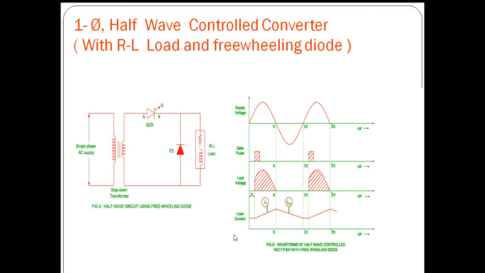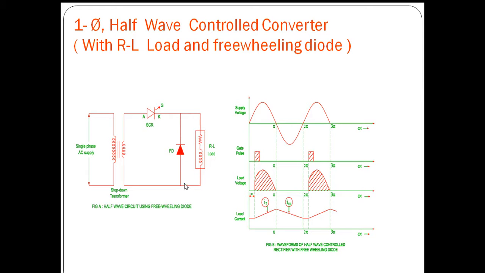The freewheeling diode current waveform differs with respect to the half wave controlled converter with resistive load. In that resistive load, the output voltage waveform and output current waveform are almost similar, but here it changes due to the presence of the inductor.